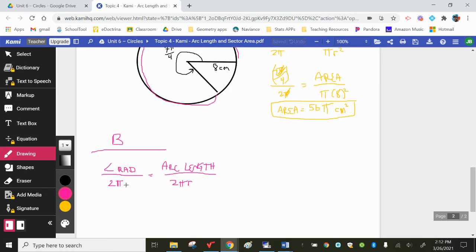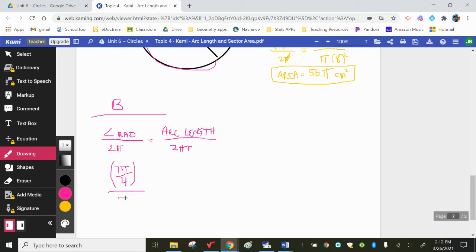So here it goes, and I'm going to start with this 7 pi over 4 again for my angle measured in radians. Divide that by 2 pi is equal to the arc length over 2 times pi times the radius length 8.